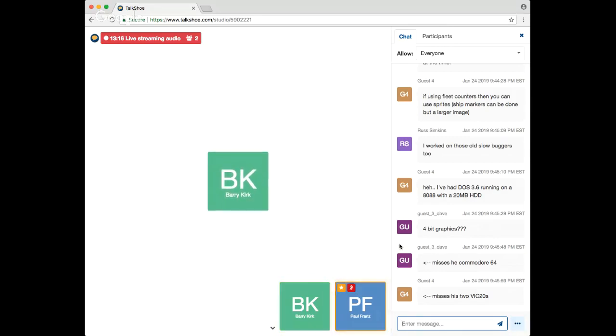Remember a product called DESQview? I did some work in it too. I always liked that. I thought that was so cool because you could do windowing, and then you had the extended memory and expanded memory.